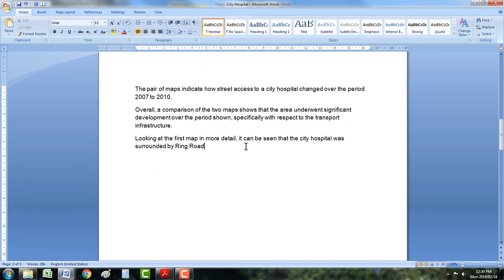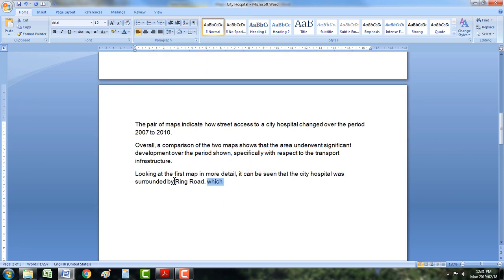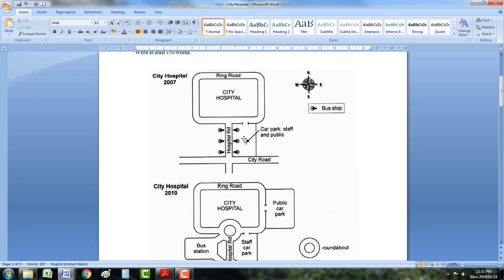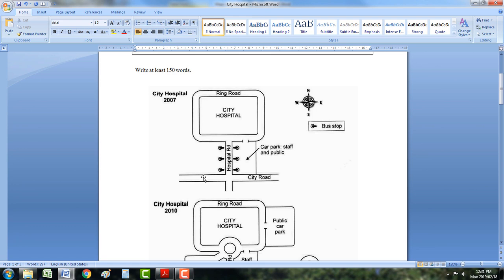Now I'm going to try and put in a comma which, or a reference pronoun. We want comma which and we want reference pronoun. Let's try a comma which, because we need that. Which, so what does this refer to? This refers to the ring road. So then I can say which was connected, again passive unfortunately, which was connected to city road by hospital road.